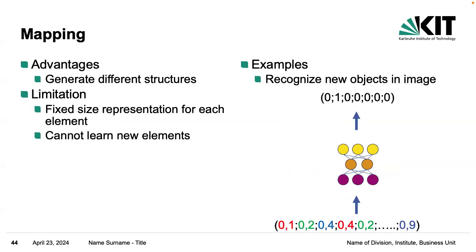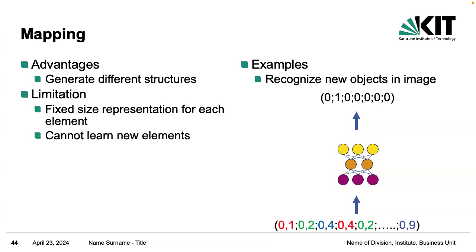So with this type of generating of different structures, we have now the advantage that we can generate different types of structures. So you can generate sentences of different lengths. But one problem is that it's only possible to generate, like we said, where each element in your sequence has a fixed size. So it's always your vocabulary size or something like that.